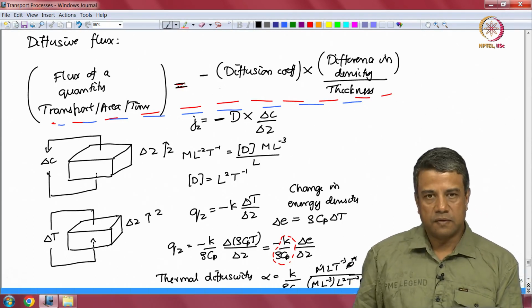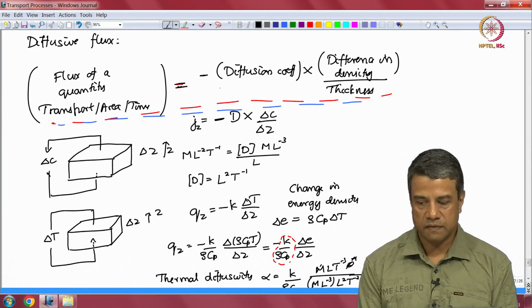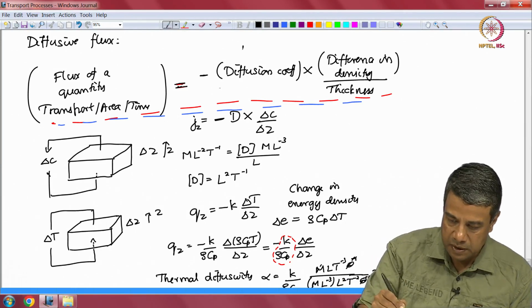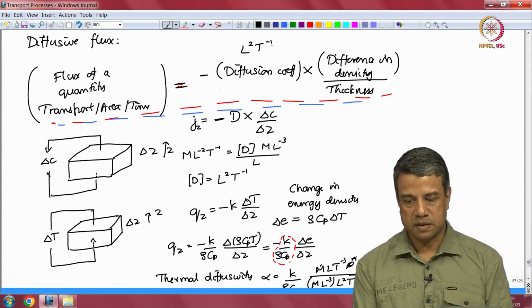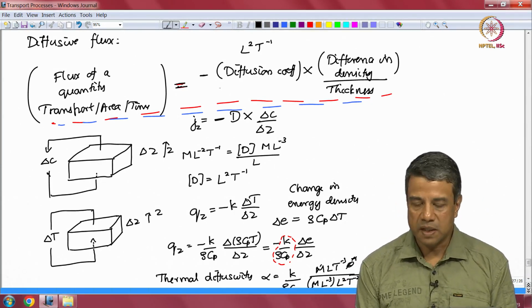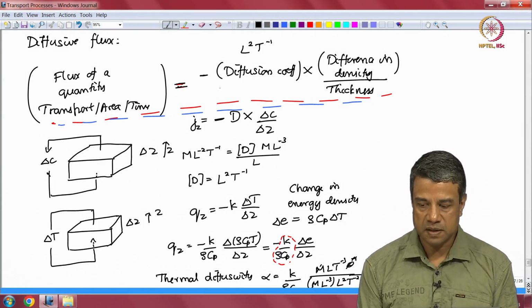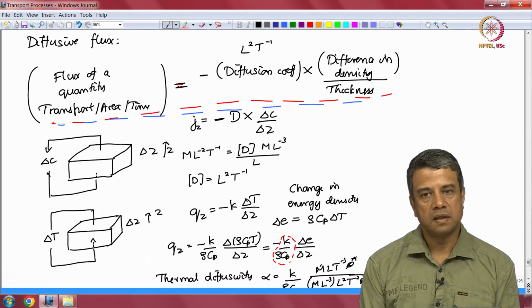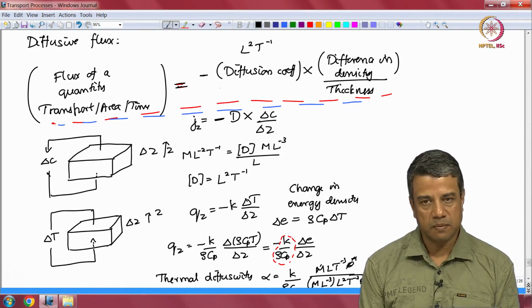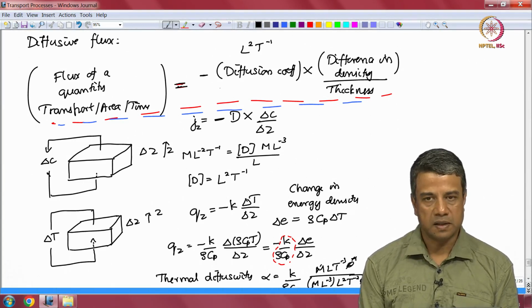The diffusion coefficient has dimensions of length square per time. I had shown you that in the last lecture. Diffusion coefficient has dimensions of length square per time, minus the diffusion coefficient times the difference in the density of that quantity divided by a thickness. Difference in density of the quantity, that is the difference in the quantity per unit volume between two locations, divided by the thickness.